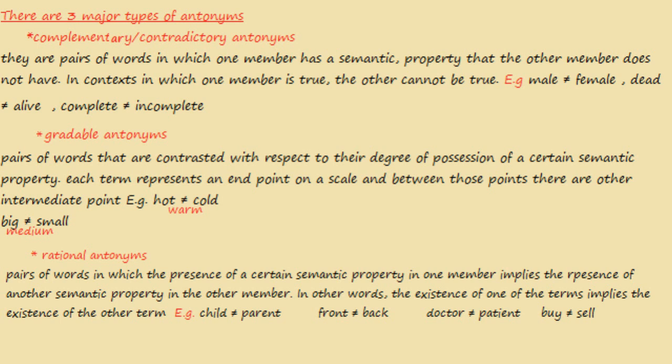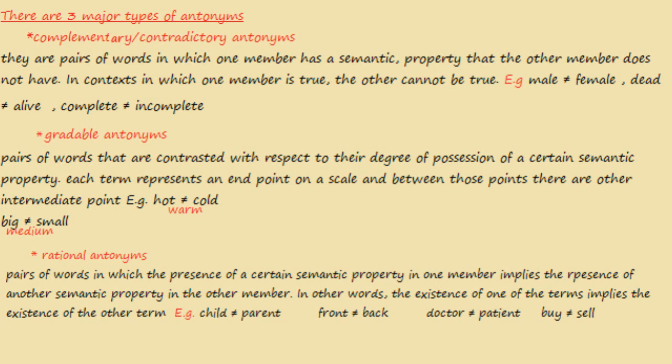Now we move to the last one, the third type, that we call relational antonyms. They are pairs of words in which the presence of a certain semantic property in one member implies the presence of another semantic property in the other member. In other words, the existence of one of the terms implies the existence of the other term.